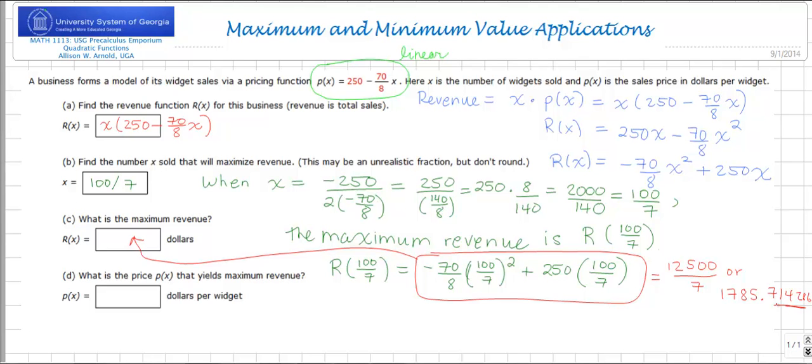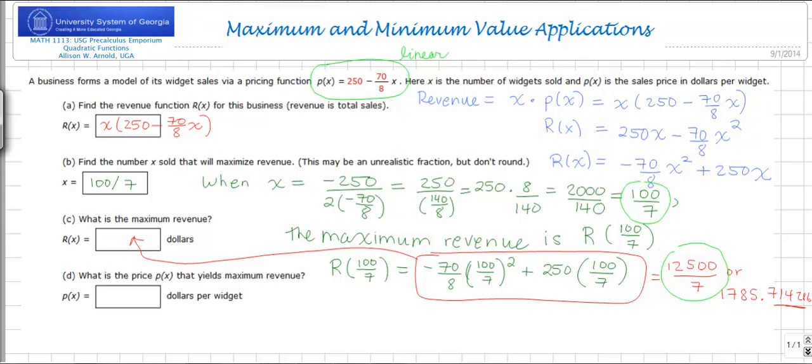Now, the last question is, what's the price that goes along with selling the widgets we've identified and producing this revenue? There are two ways you could go about this. One, you could take your revenue that you already have, and revenue divided by the number of widgets that got you there should give you the price.